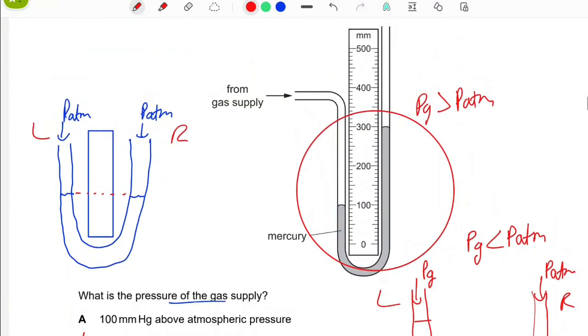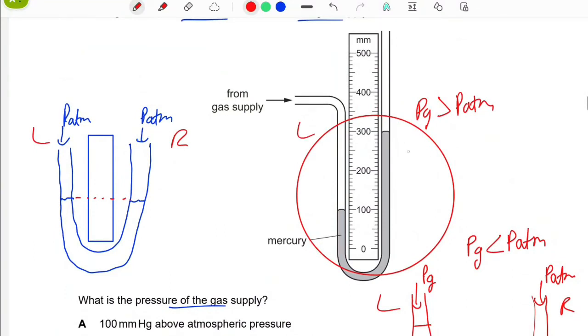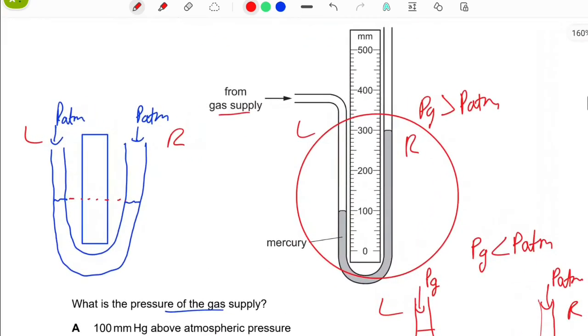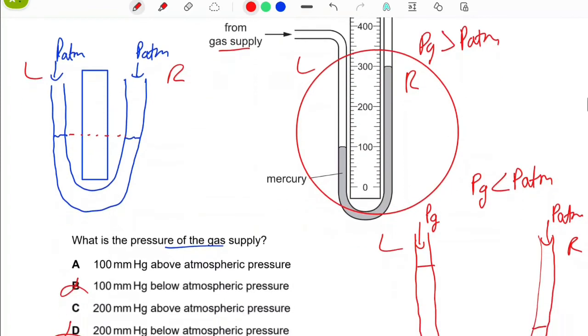And in this case it is the opposite: it is getting compressed from the left side and rising from the right side, because the pressure of the atmosphere is less, and the pressure of the gas is greater than the pressure of the atmosphere. That's why it is compressing and able to rise on this side. I hope you guys are able to understand. I'm not making it overcomplicated, I'm trying to simplify it.